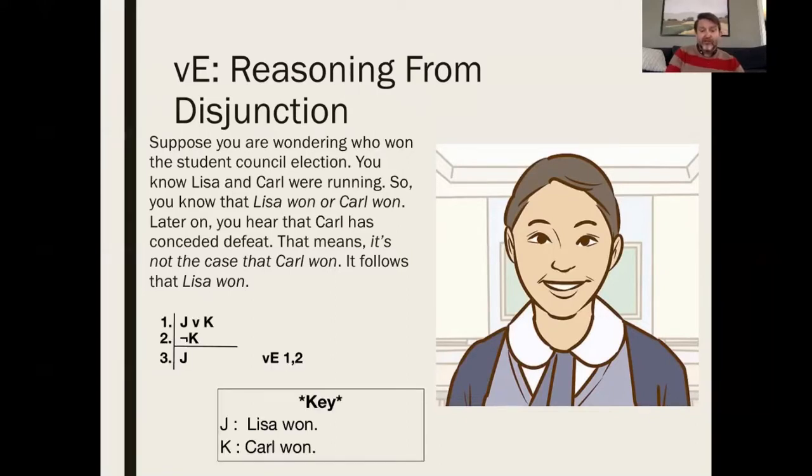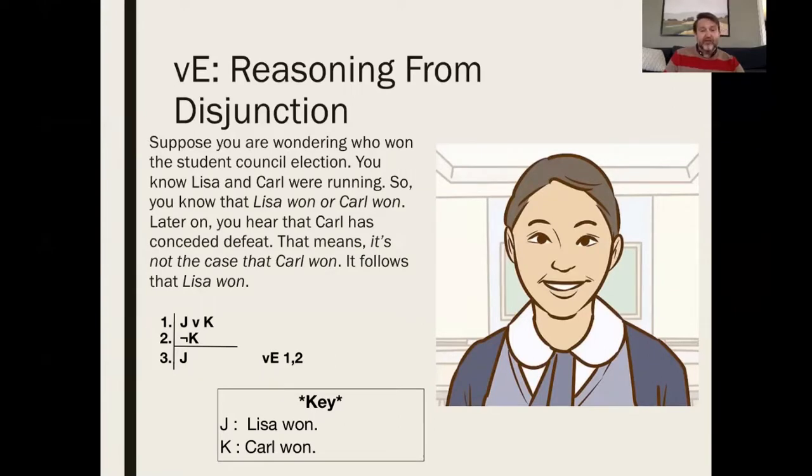So we can infer from a disjunctive statement and the negation of one of its disjuncts that the other disjunct must be true. And this follows from our rule for disjunction that a disjunctive statement is true so long as, and only so long as, one of its disjuncts is true. So if we know a disjunctive statement is true, and we know one of the disjuncts is false, then it follows that the other disjunct must be true.